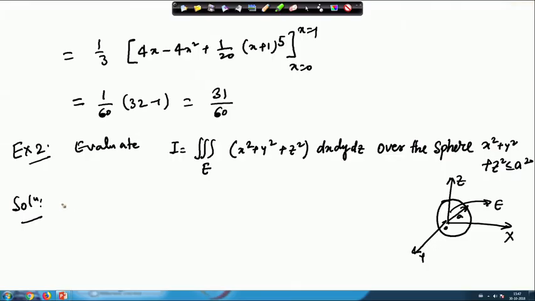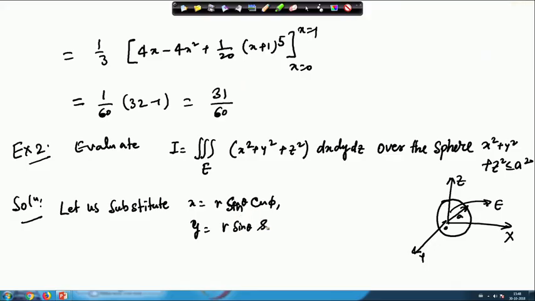Now in this region, let us substitute x equals r sin theta cos phi, y equals r sin theta sin phi, and z equals r cos theta.